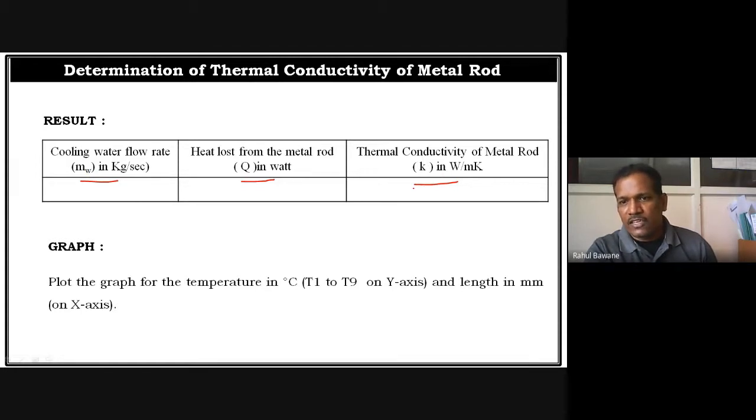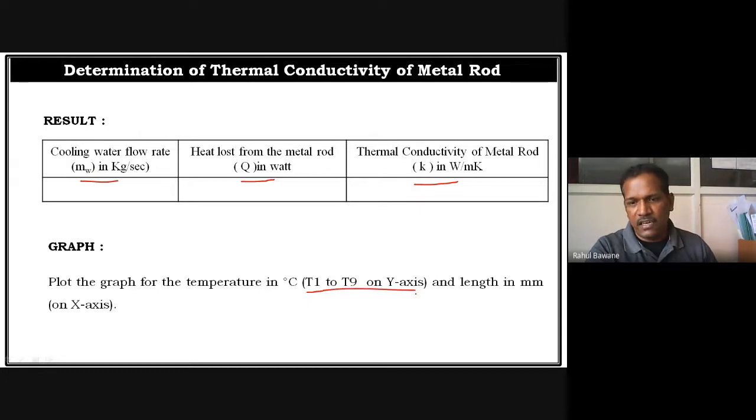So this is not an experiment to find the final value of K. For this particular flow rate, this much is the amount of heat extraction, and accordingly the corresponding thermal conductivity will be. And there will be no conclusion. We have to draw a graph. In the graph, we take temperature on the y-axis, T1 to T9.